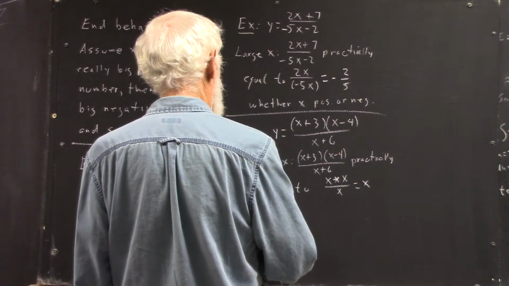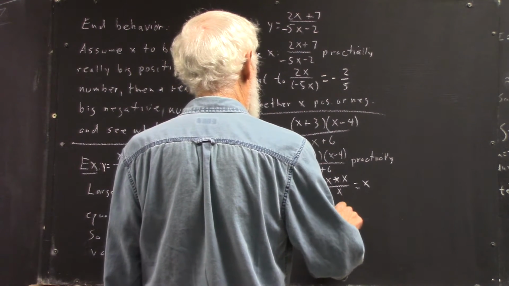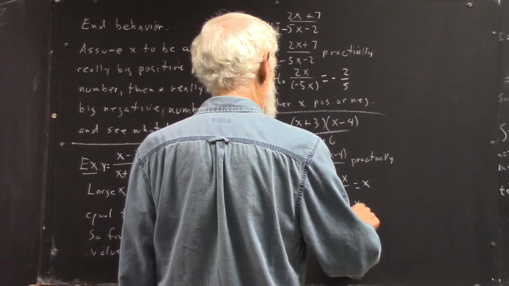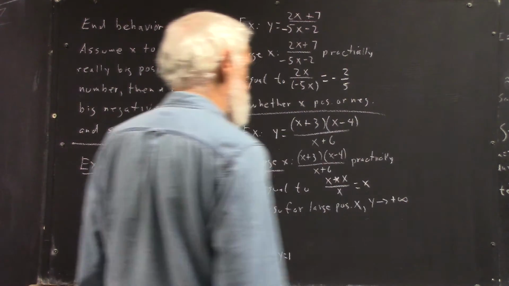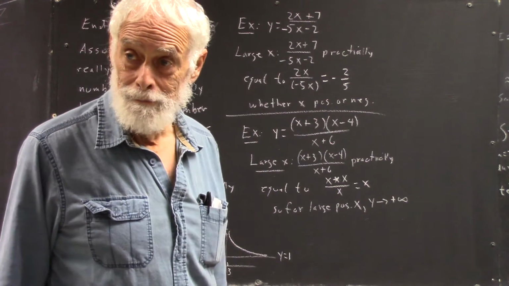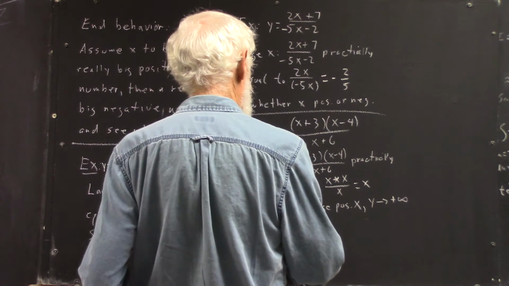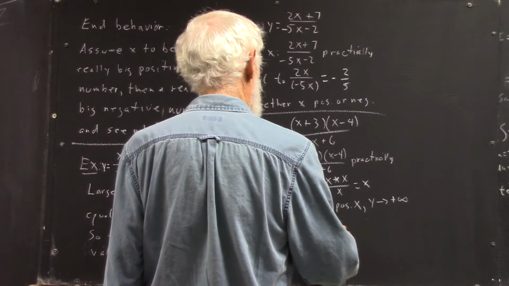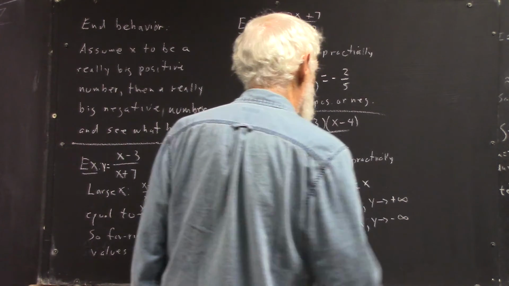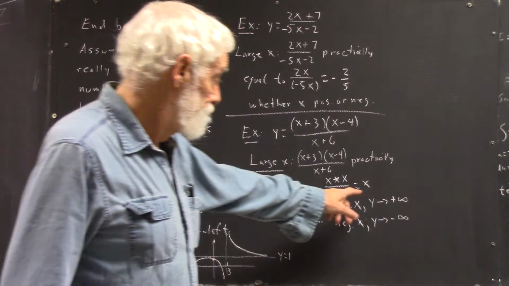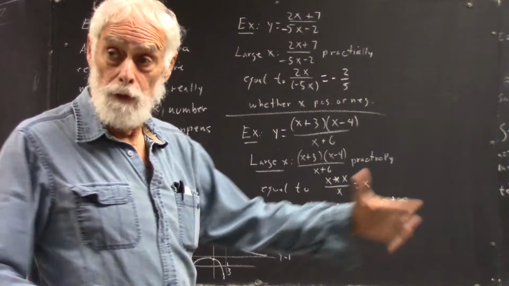So for large positive x, y approaches plus infinity. The bigger x gets, the bigger y gets, right? And for large negative x, y approaches negative infinity. Okay? This is going to have the same sign that x does for large x.